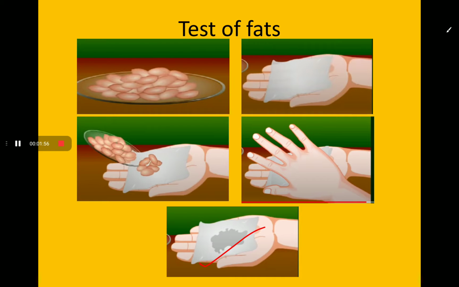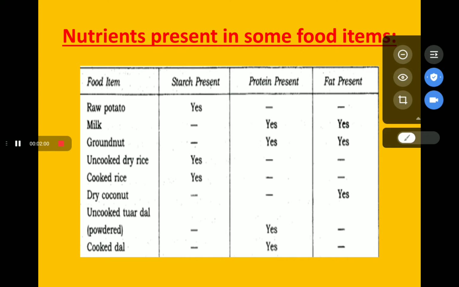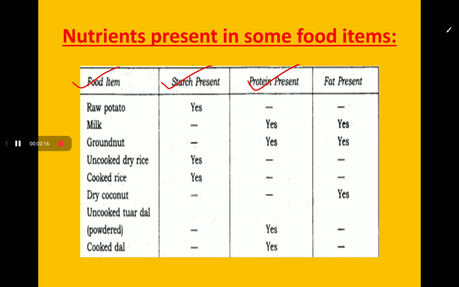Now, in the next slide, there is a table, and in the table, the first column is about the food item, and we have to fill all the columns showing in which food starch, protein or fat is present.